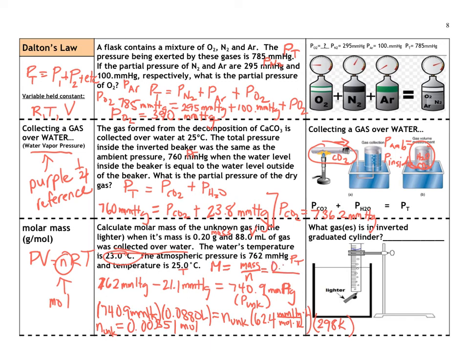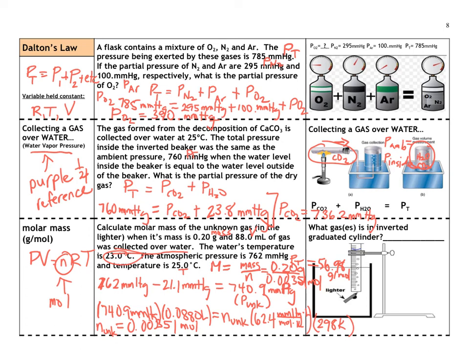My mass is 0.20 grams. My moles is 0.00351 moles. I take that ratio and I get 56.98 grams per mole.